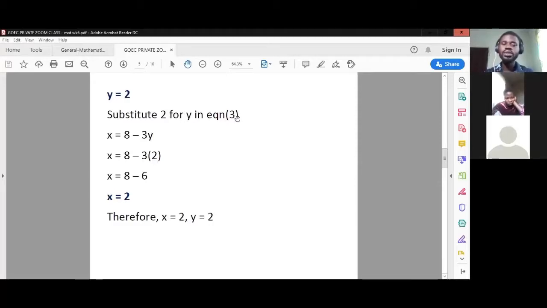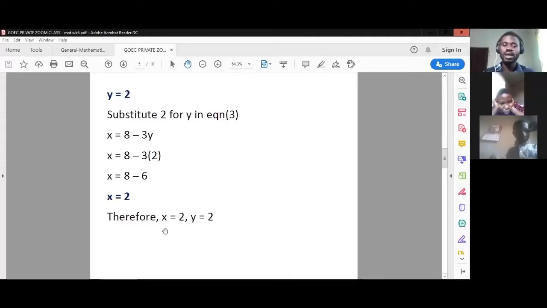So we substitute 2 for y in equation 3. Equation 3 says x equals 8 minus 3y, so anywhere we see y, we put 2. So x is equal to 8 minus 3 times 2. 3 times 2 gives us 6, so x equals 8 minus 6, and that gives us x equals 2.